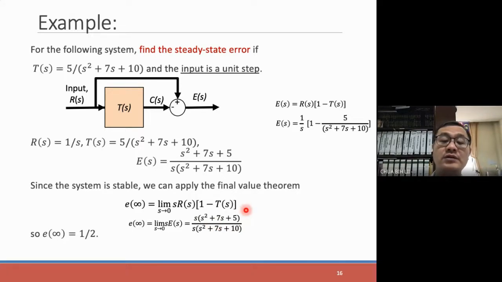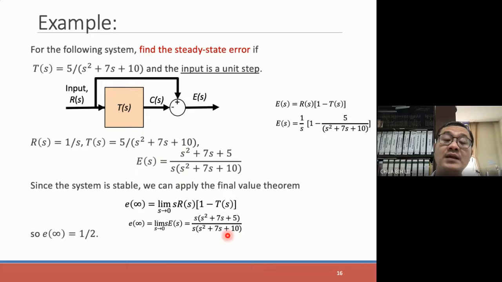You have to multiply by an s over here, so the error signal itself is multiplied by s. When s approaches 0, the s can be cancelled out.